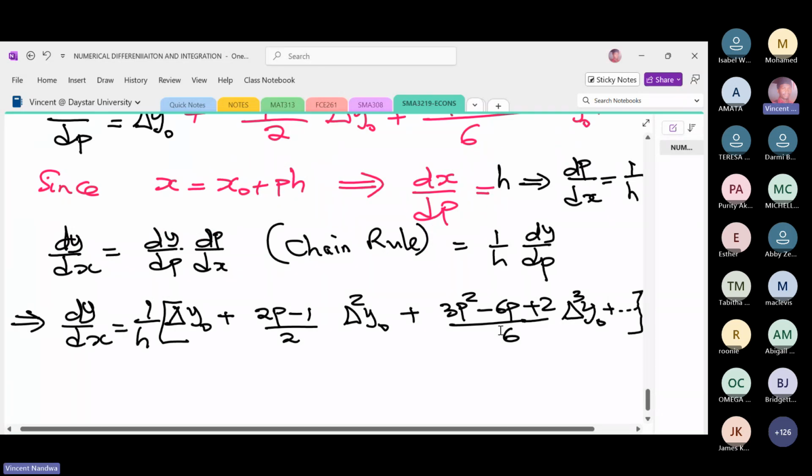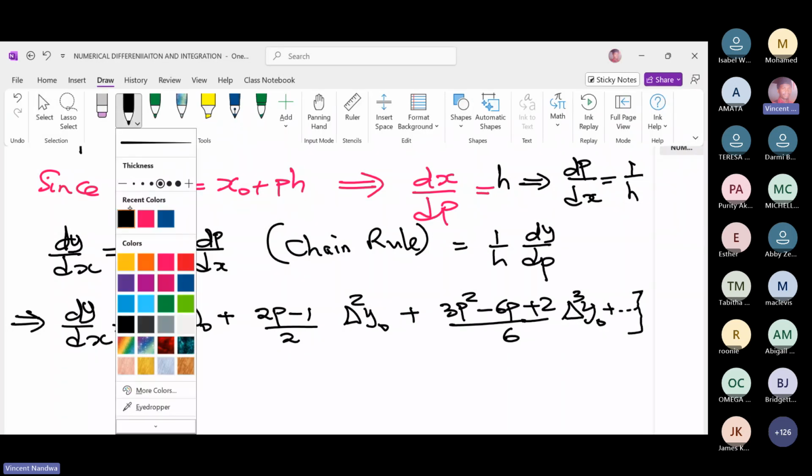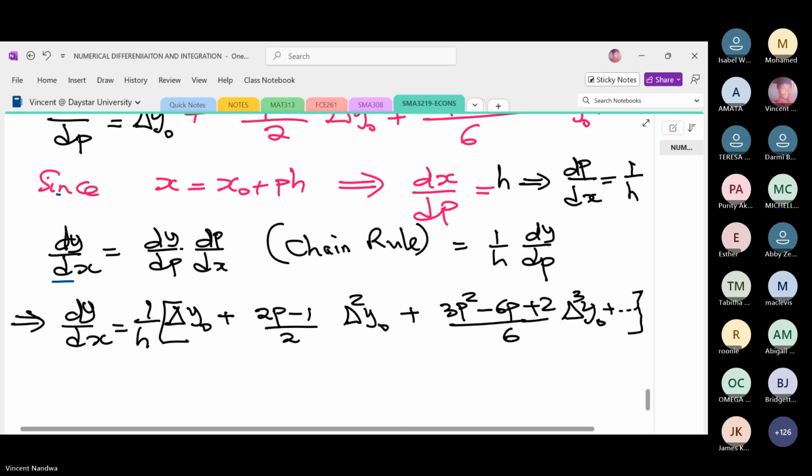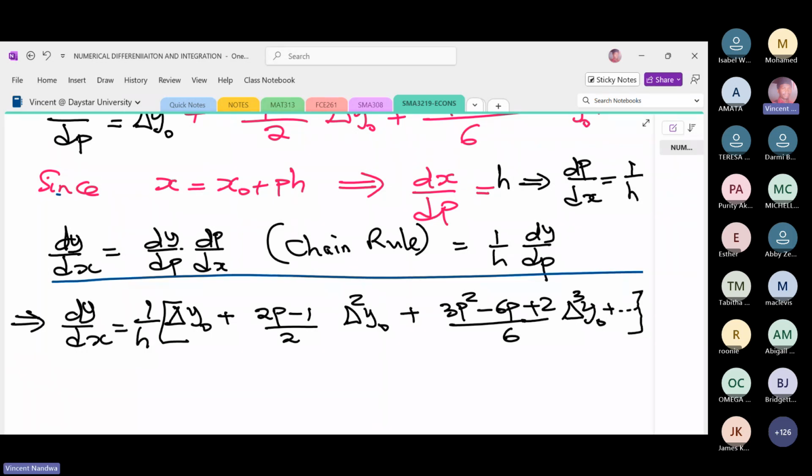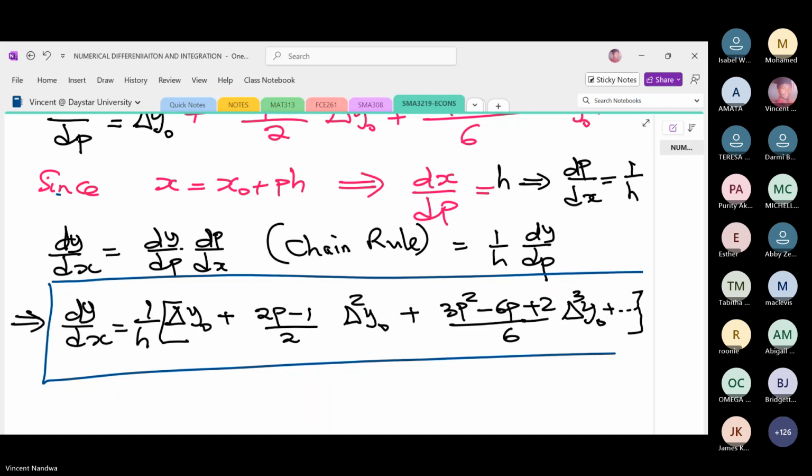So that is the formula for working out dy dx for any given value of x for equally spaced mesh points.